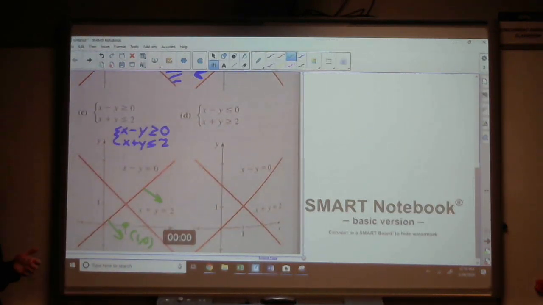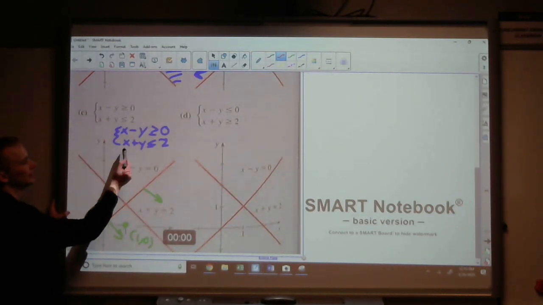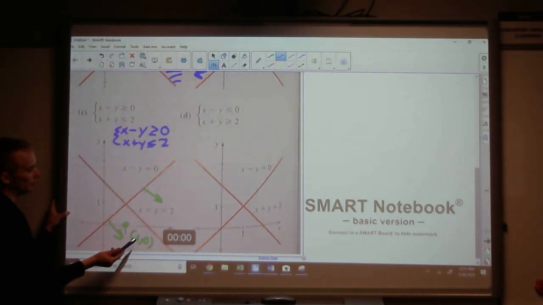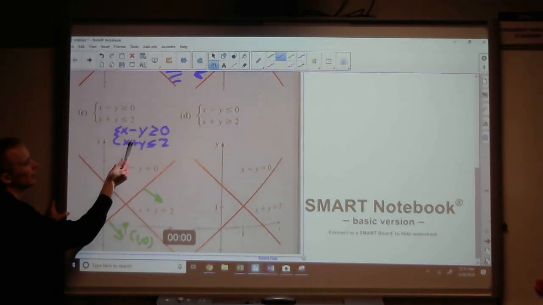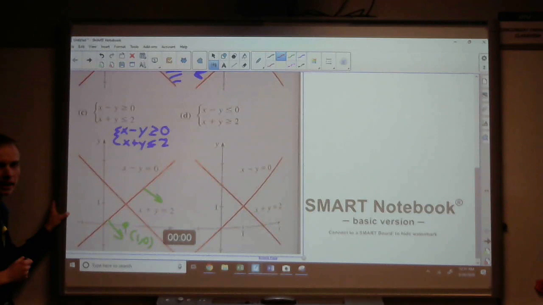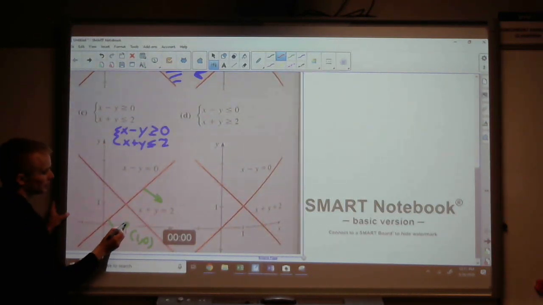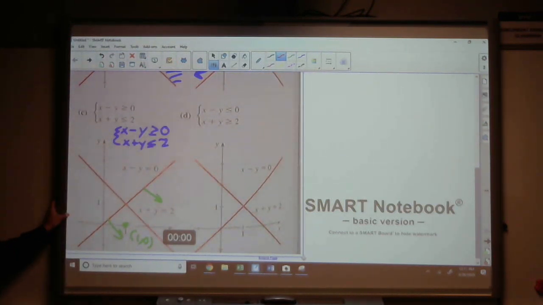Now what about my other line? I could plug in that same point. This is now the boundary line of this inequality, so I'll plug in that same point, 1, 0, and see if it's true. So 1 plus 0 is 1. Is that less than or equal to 2? Well, 1 is less than or equal to 2, so this point does work in this inequality too.